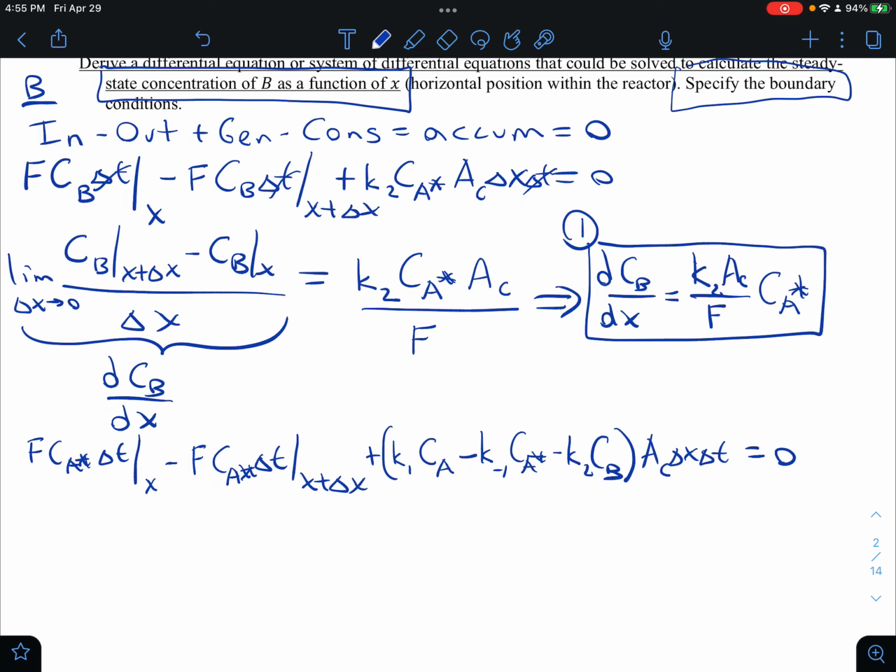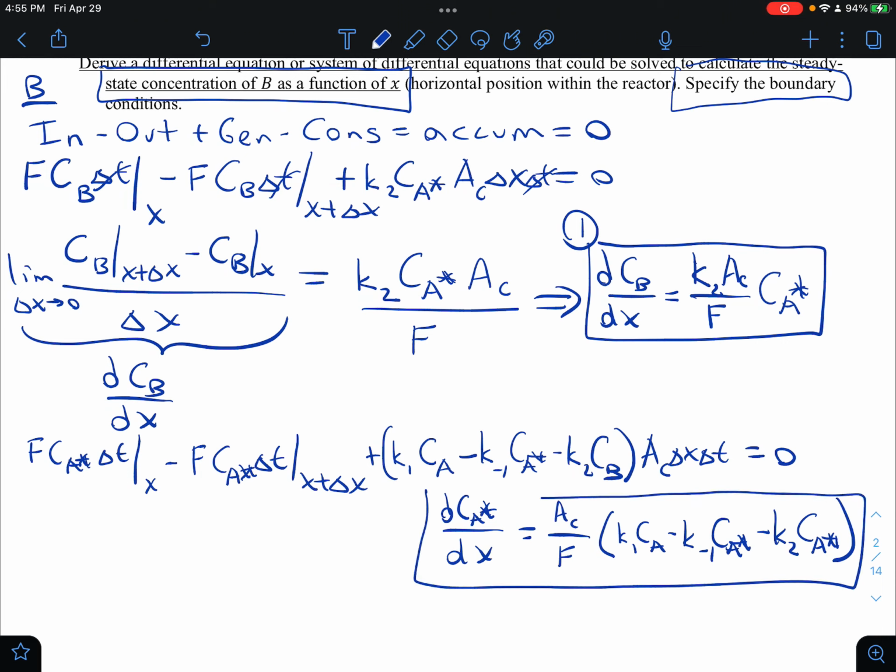I use the definition of a derivative in terms of CA star, and this should become dCA star/dx equals Ac over F times k1 CA minus k negative 1 CA star minus k2 CA star. And I'm going to box this and call this equation 2.